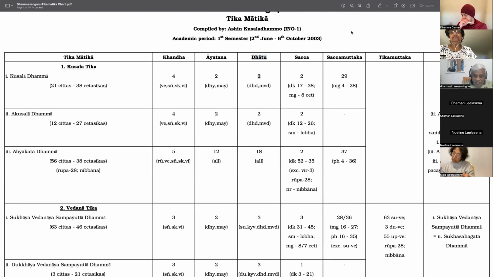Kusala Dhamma, right? What is Kusala Dhamma? Kusala Dhamma are all dhammas that are associated with the good roots of non-greed, non-hatred, non-delusion.